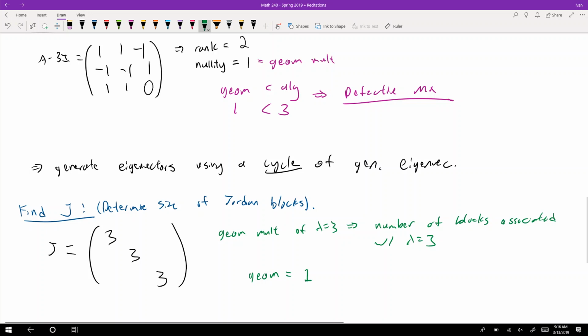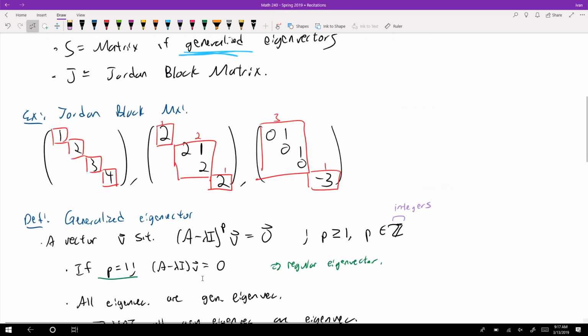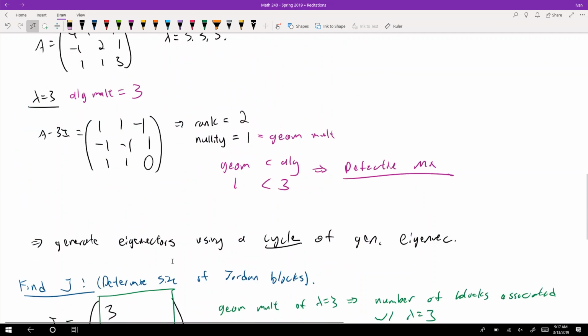So what does that mean? That just means that in my J matrix, for lambda equals 3, I have one Jordan block that encapsulates all of the lambda equals 3s. So for a 3 by 3 matrix, there's one block, and it's the entire matrix. There's a 3 by 3 block. And now, how do I fill in J? Well, if we go up here and look at this 3 by 3 block, you just put 1 above the diagonal, and that's how we finish our J matrix.